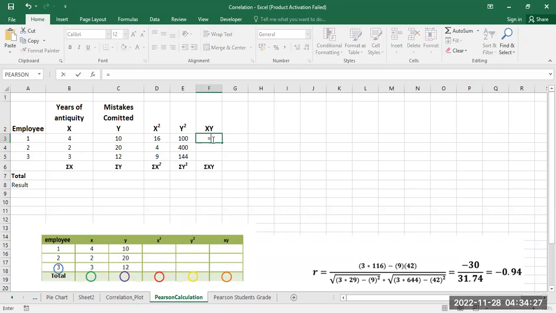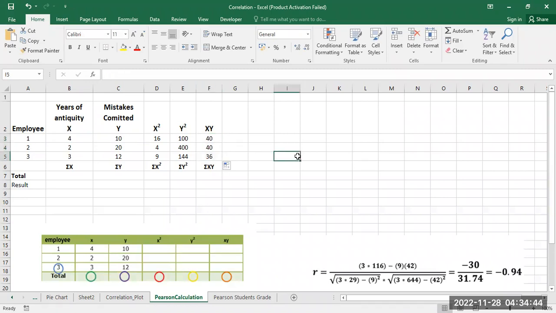So I simply put equals to X multiplied by Y. If you press your enter key, that gives you 40, and then you can also click and drag to get the rest.